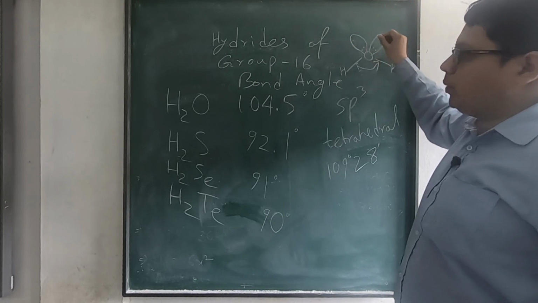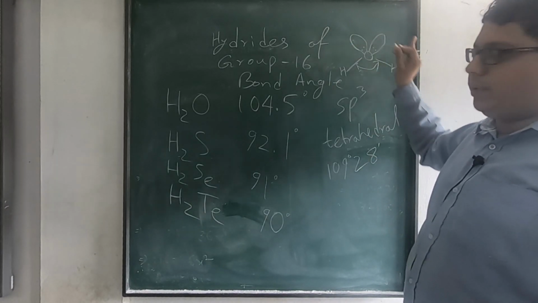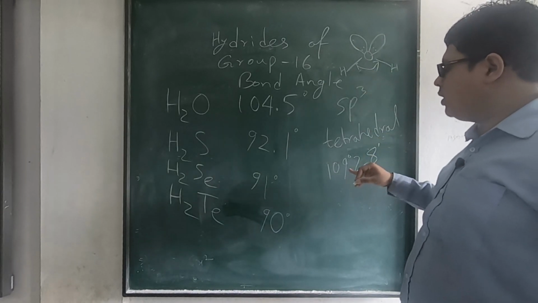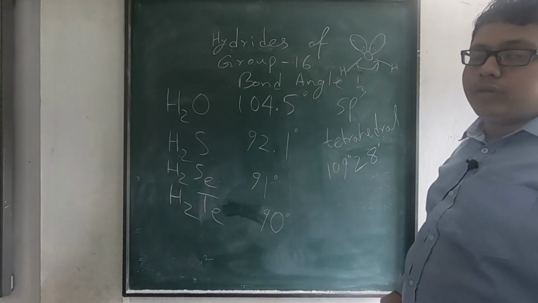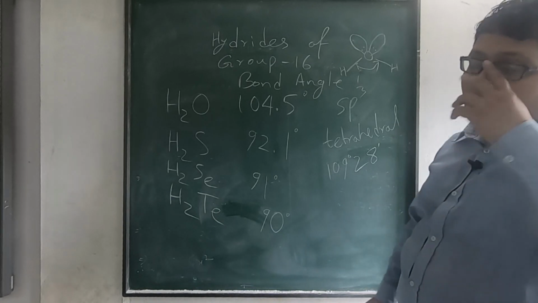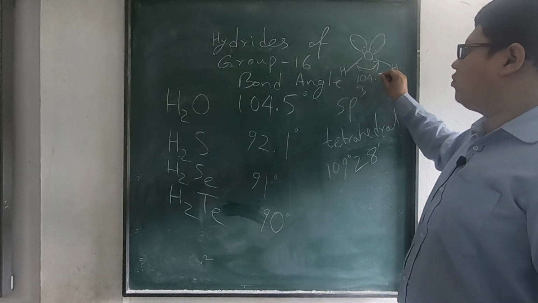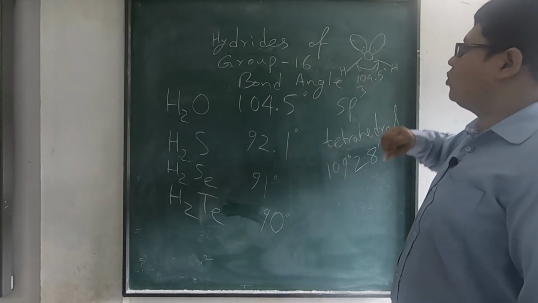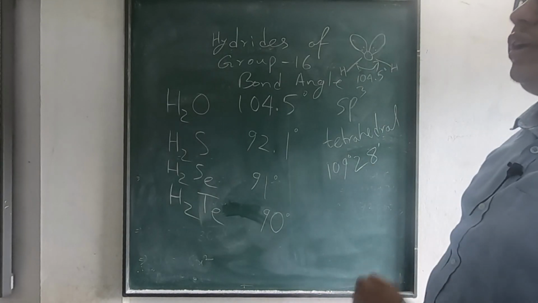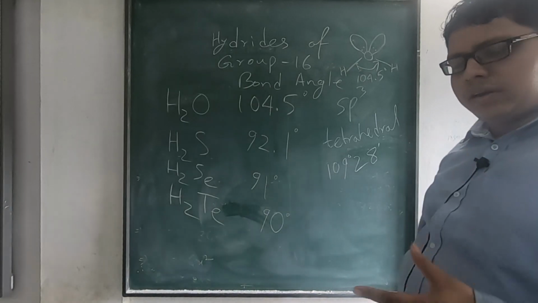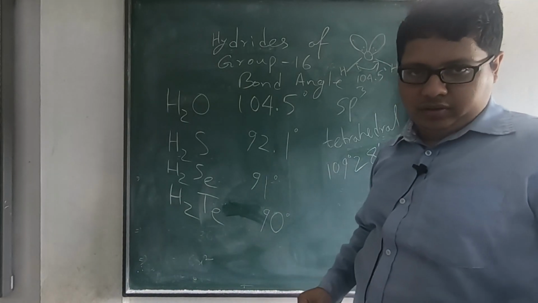These are the lone pairs that I'm showing here. It should have been 109 degree 28 minutes. However, it is not so. Experimentally, we have found that it is 104.5 degrees. Now, why is there this discrepancy?